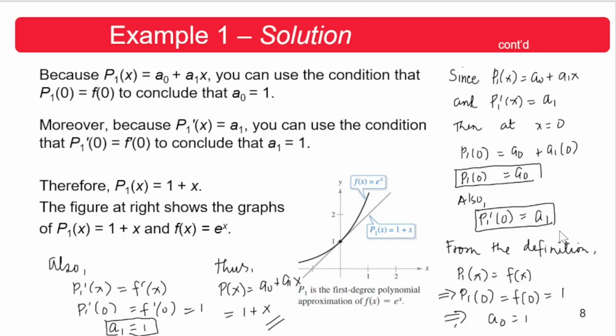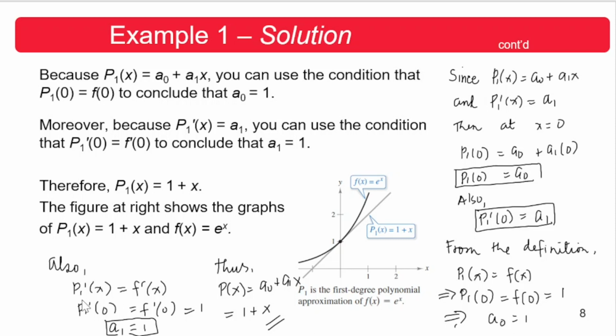From the definition, the polynomial function p sub 1 of x agrees with f of x at x equals 0, so we can conclude that p sub 1 at 0 is f at 0, which is equal to 1. Therefore, because p sub 1 at 0 is a sub 0, a sub 0 is equal to 1.